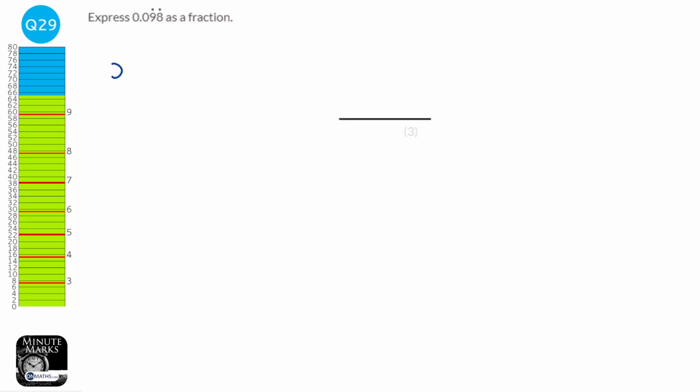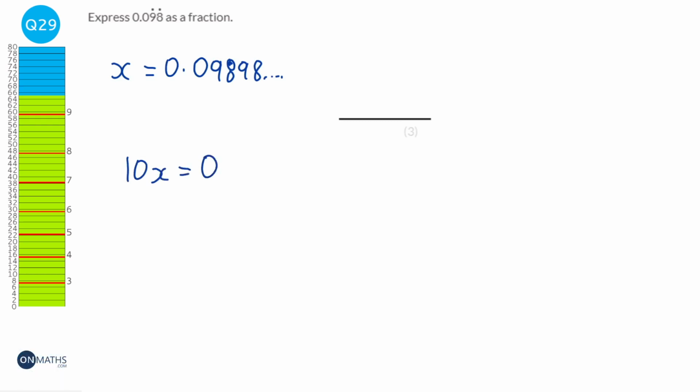So if we have x equals 0.098989898 and so on, we actually want the repeating pattern to be next to the decimal point. So we're actually more interested in 10x, and so that'd be 0.9898 and so on.